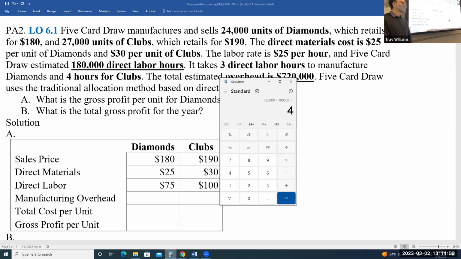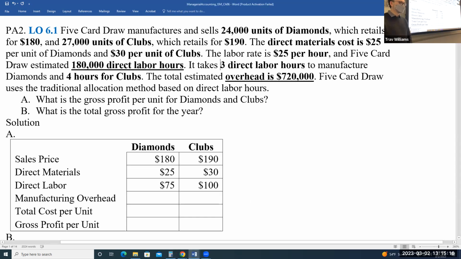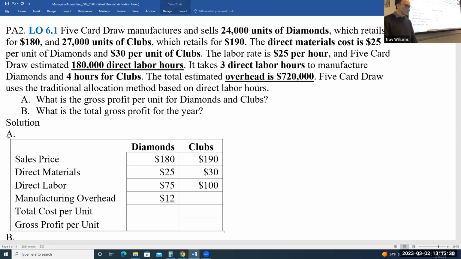So we multiply, okay. So that 4 is $4 per what? Per hour. Exactly. It's $4 per the activity, which is direct labor hours. So we multiply by the hours, which again was 3 direct labor hours for the Diamond product and 4 direct labor hours for Clubs.